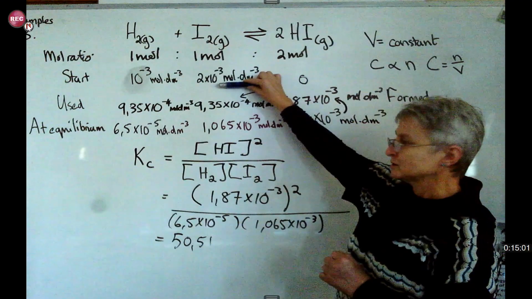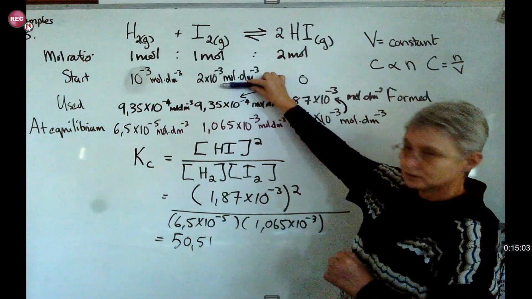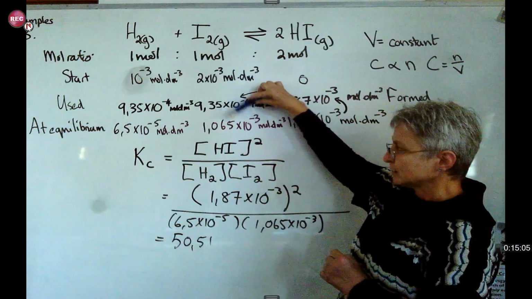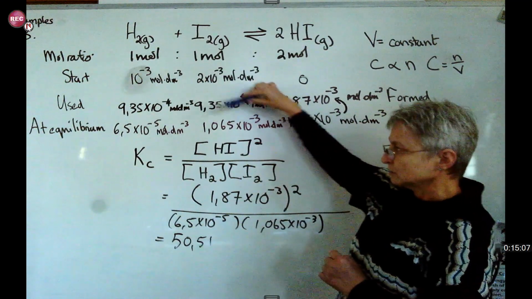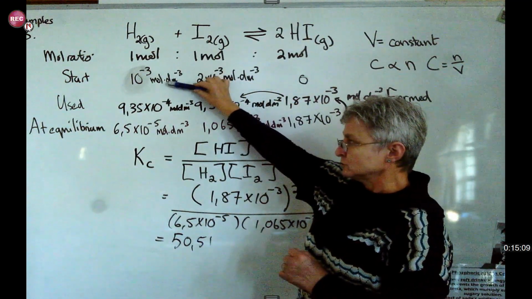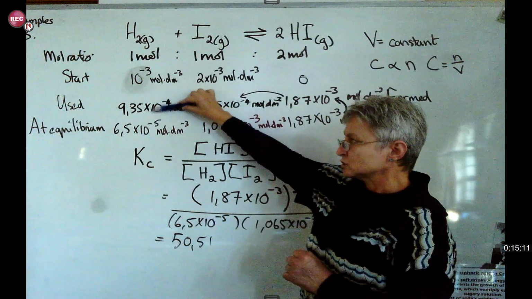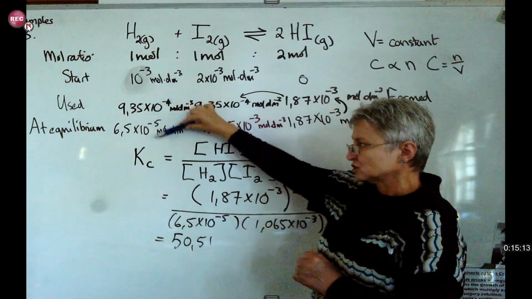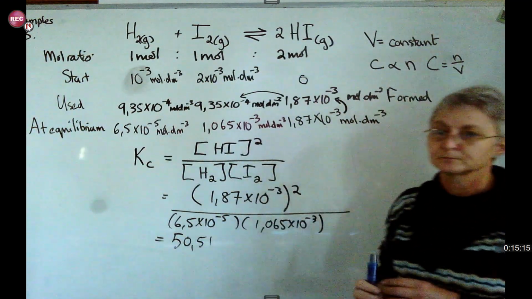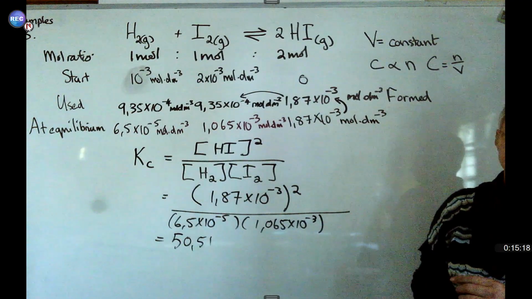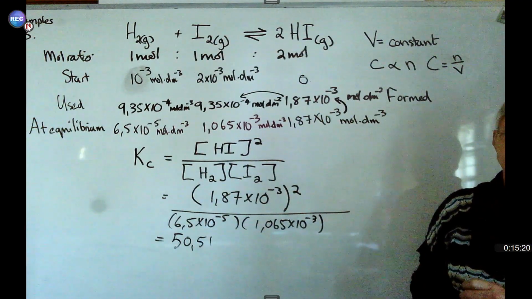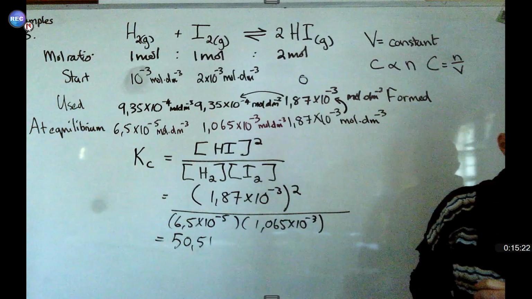So what they start off with, 2 times 10 to the minus 3, you subtract this value that was used from what was given at the start to get that value. Good.